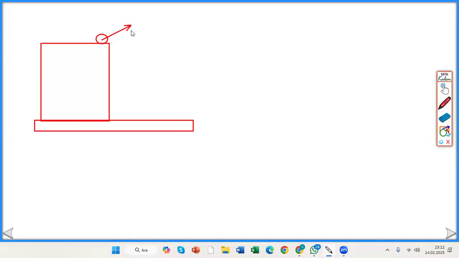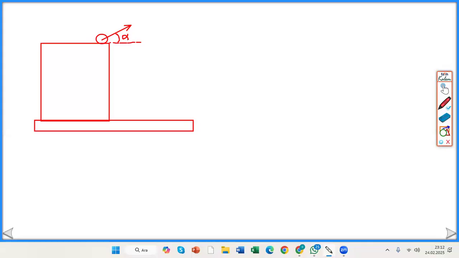We call that motion in 2 dimensions projectile motion. A projectile motion means that the vector of the velocity has an angle with the horizontal, and assume that right now we have the angle with the horizontal as alpha.